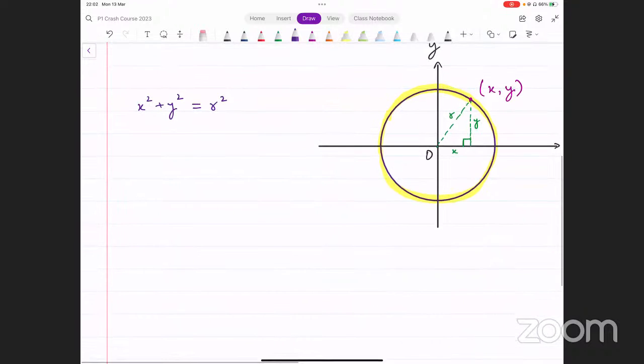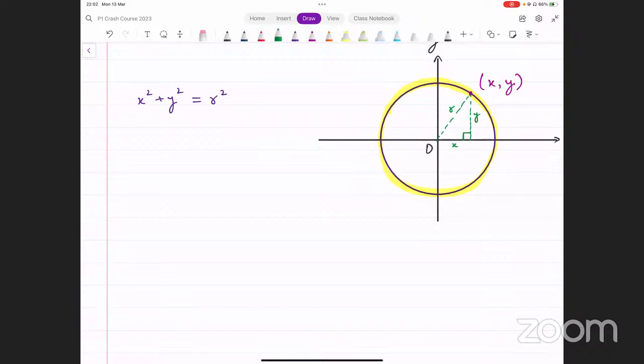Now, if you know that the radius of the circle r equals, let's say 5, you can write down the equation of the circle like this. You would say if r equals 5, then this becomes x squared plus y squared equals 5 squared, and the equation would turn out to be x squared plus y squared equals 25.